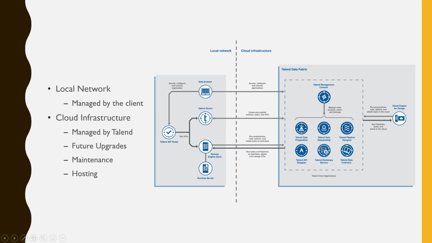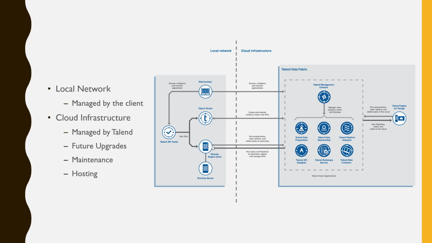Then we have the remote engine and the remote engine Gen 2, which are two different types, and the Talend runtime server, which are used to run artifacts, tasks, preparations, and pipelines on premise. So you use remote engine to run your tasks and artifacts, whereas you will use remote engine Gen 2 to run your pipelines.